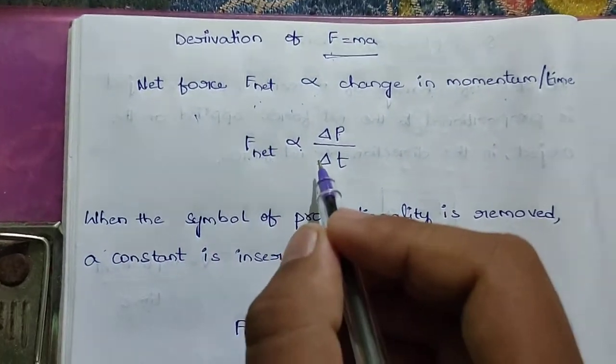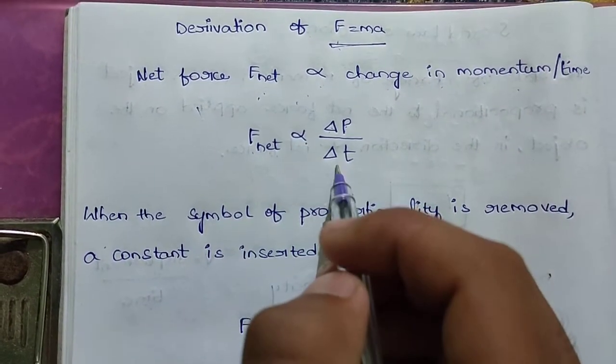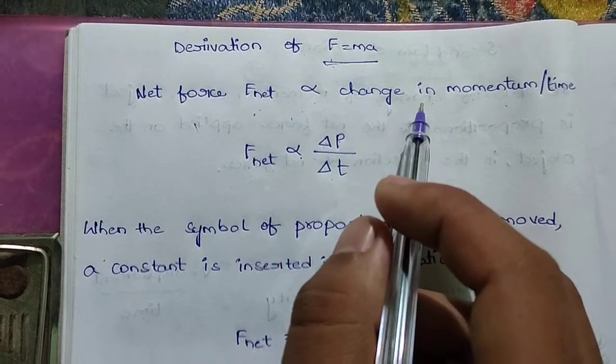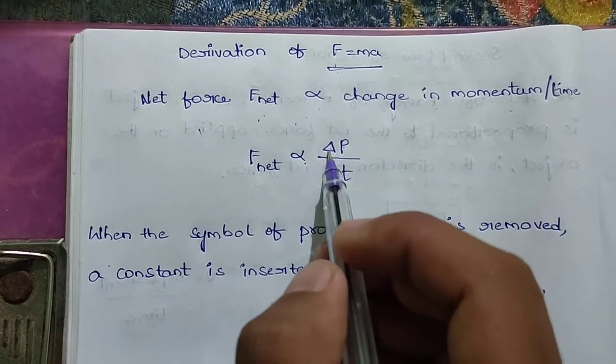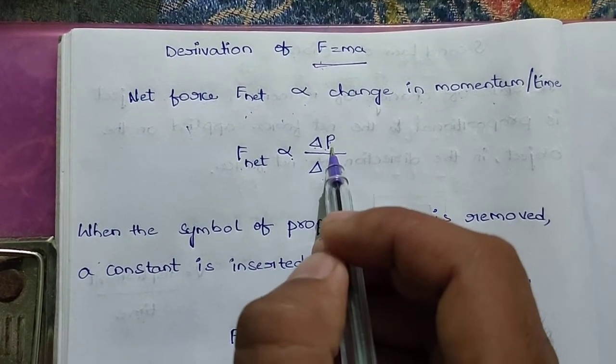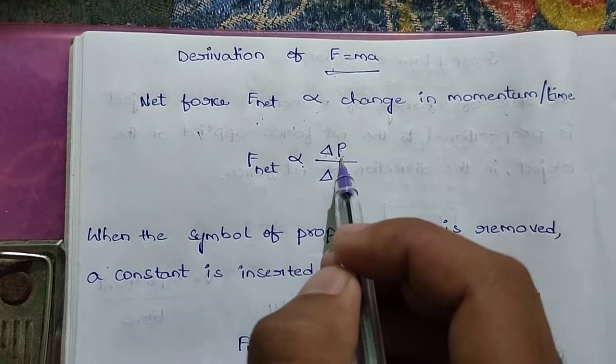This is how I have formed an equation based on the definition. Here, change in means the final value minus the initial value.